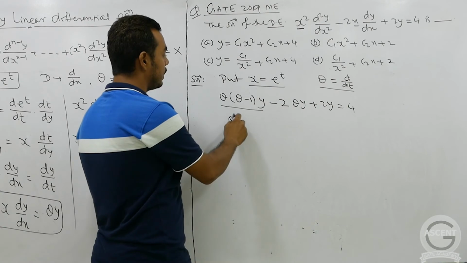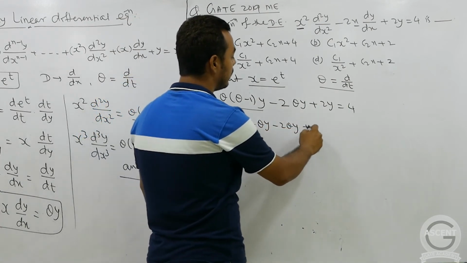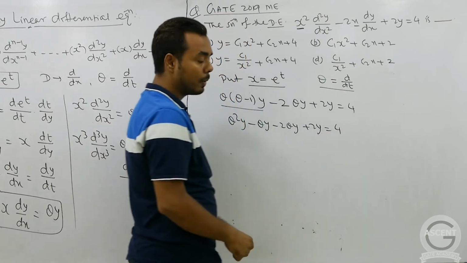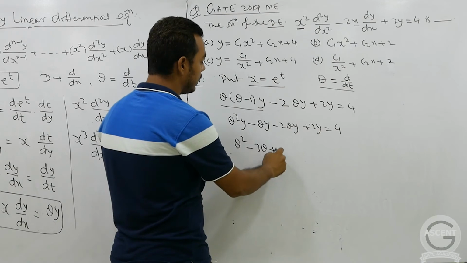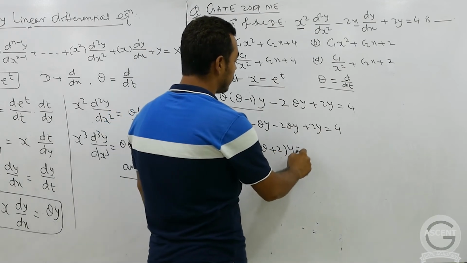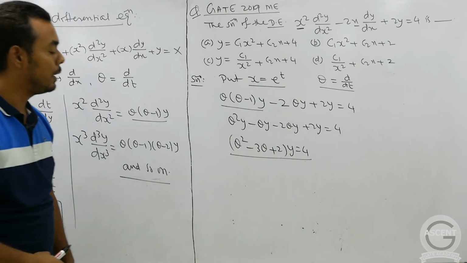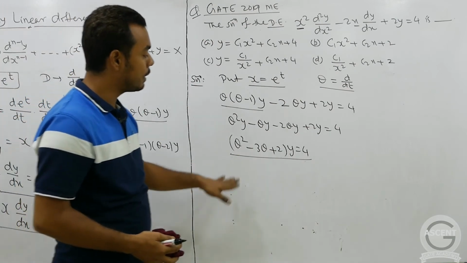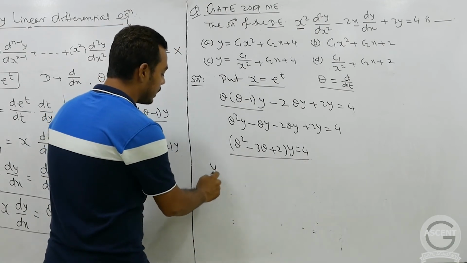So now this will be theta square y minus theta y minus 2 theta y plus 2y equals 4. So you can write this as theta square minus 3 theta plus 2 y equals 4. Now in order to solve this differential equation, we need to find both the complementary function and the particular integral, because the right hand side is not 0. So first let us calculate the particular integral.